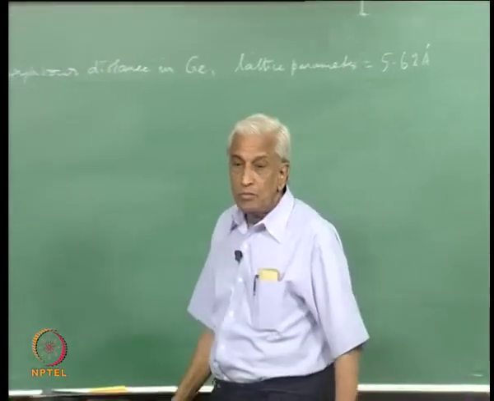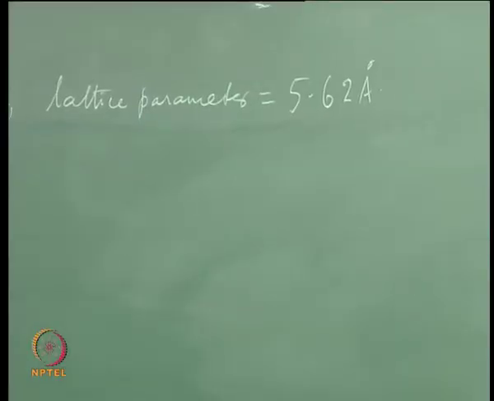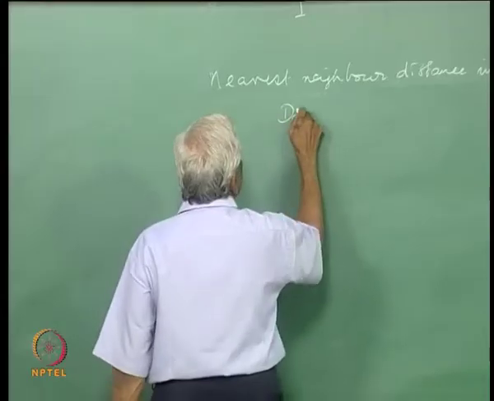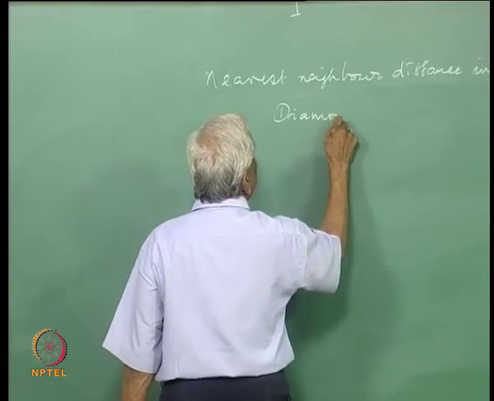Germanium and silicon both have a cubic unit cell in which the structure is that of diamond, which is shown in the figure.